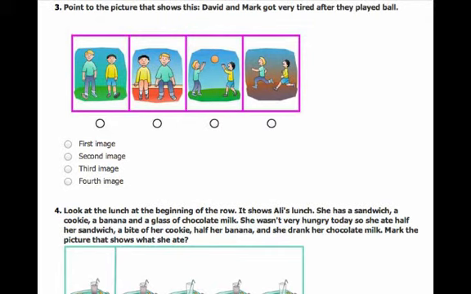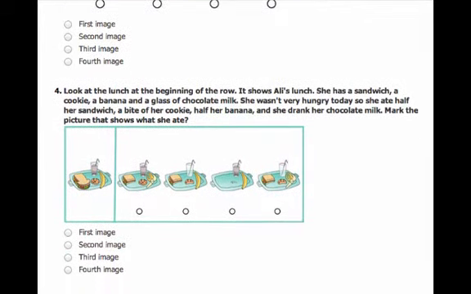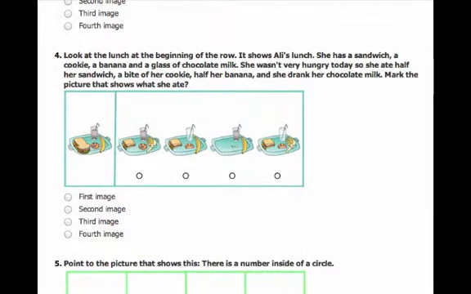Here they have to look at the pictures to see which one shows two boys who are tired after playing ball. But this question right here, this is where it's extremely different from the COGAT test. These children on these tests have to listen to a very long sentence or short little story, and then after hearing it, they have to make the right selection.